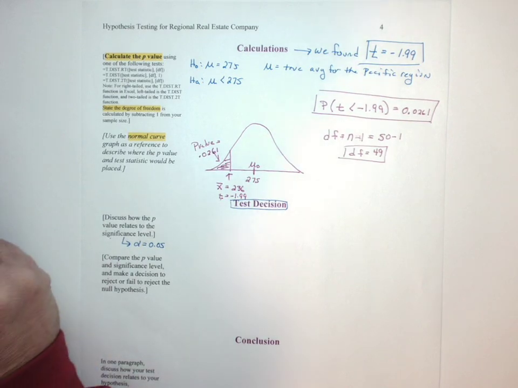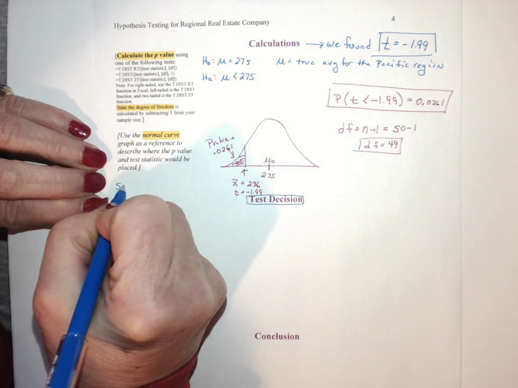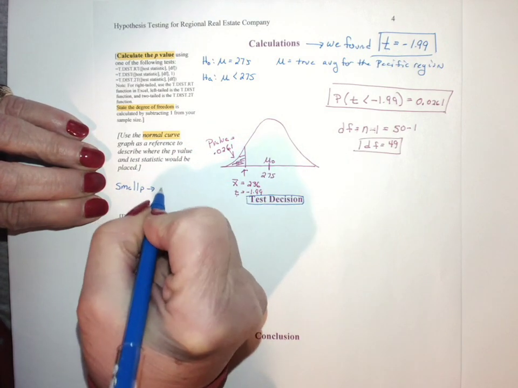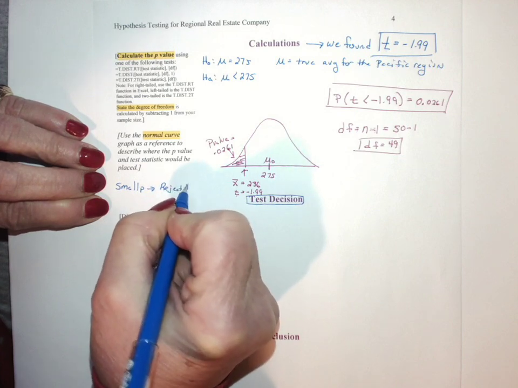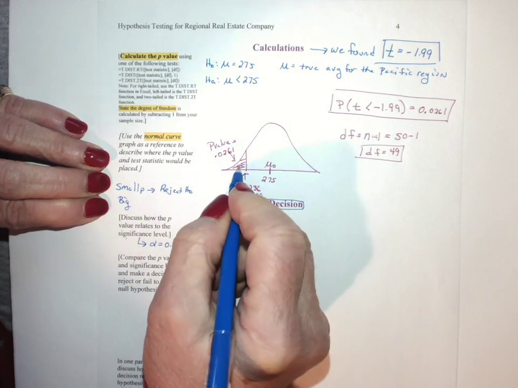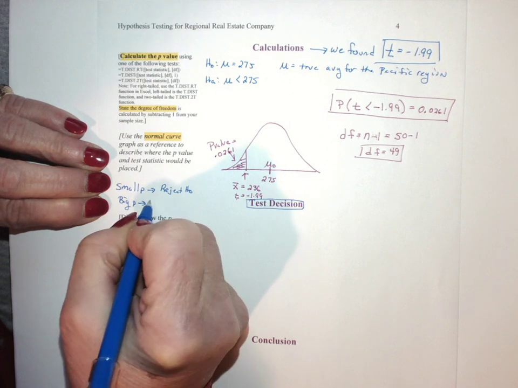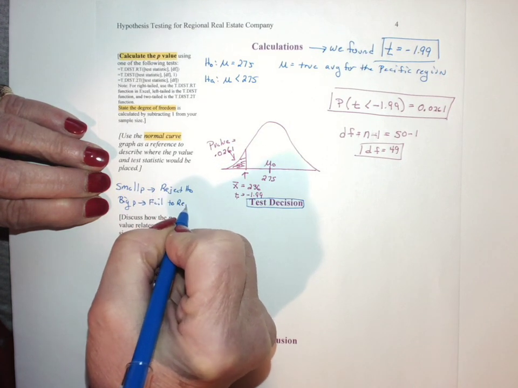Now think of this: small p means we are going to reject H naught, and big p, this p-value, means we fail to reject.